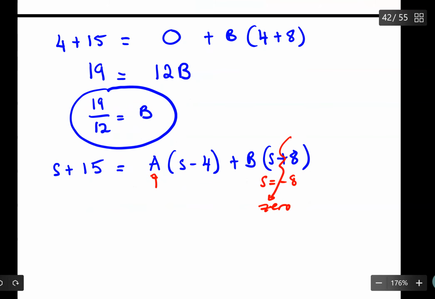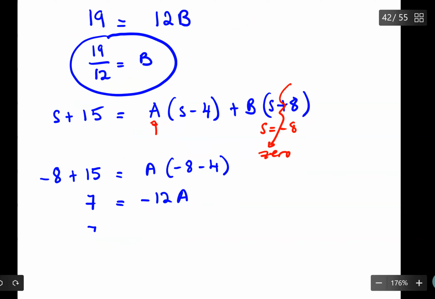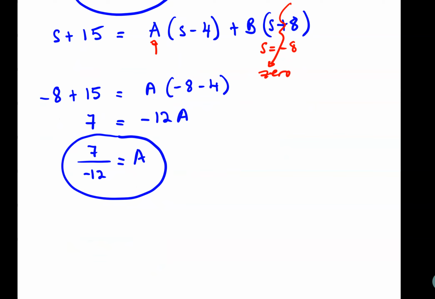So I substitute s equal to negative 8 in here. Negative 8 plus 15 equal to A times negative 8 subtract 4. So I should have positive 7 equal to negative 12 A. Divide negative 12 over to the other side. I should have A equal to 7 divided by negative 12. So let's circle that.